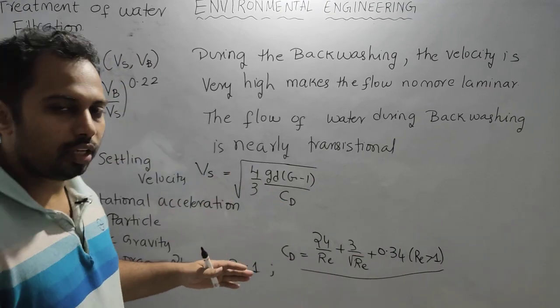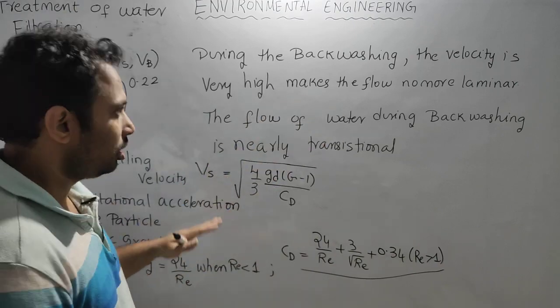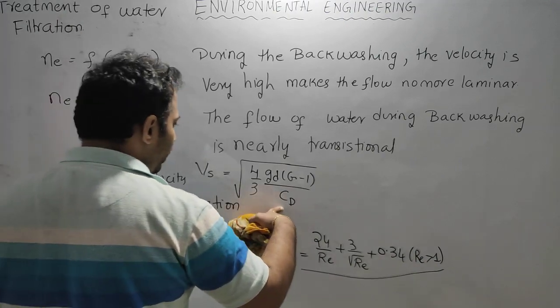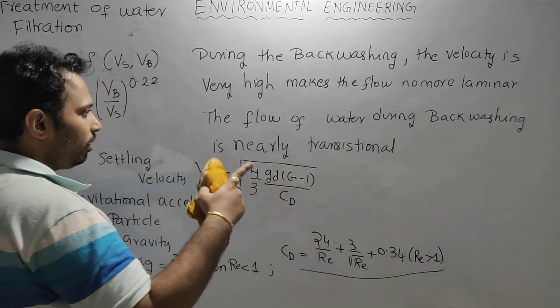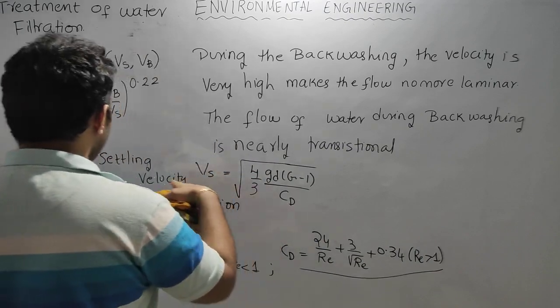That means the examiner is indirectly saying to take the laminar flow formula only and do the question. That is an indirect indication. If Cd is given, then don't prefer the Stokes law equation; prefer this equation to find the Vs.